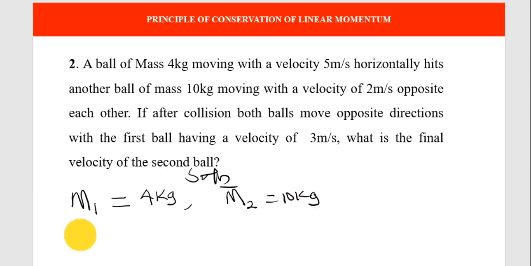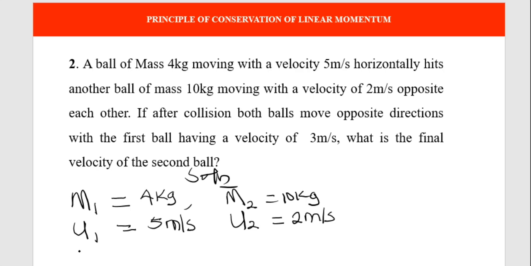So the initial velocity of ball 1 is given to be 5 meters per second. Initial velocity of ball 2, we have it to be equal to 2 meters per second.